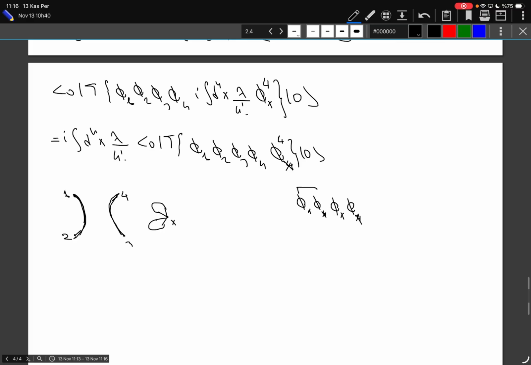I can contract it with the second phi, or the third phi. They are all the same, but I have 3 of them, so that brings a factor 3. That is something I have to keep in mind. And once I contract any 2, there's no choice for the other 2.